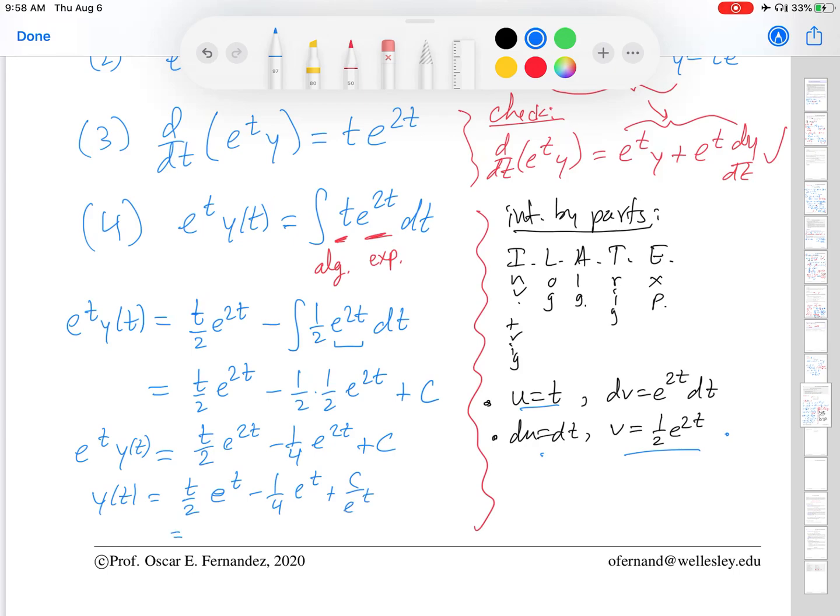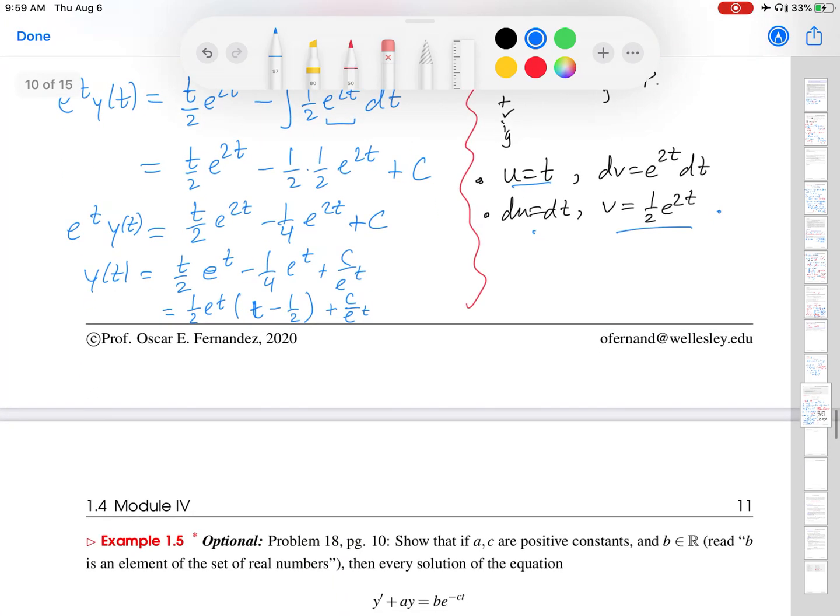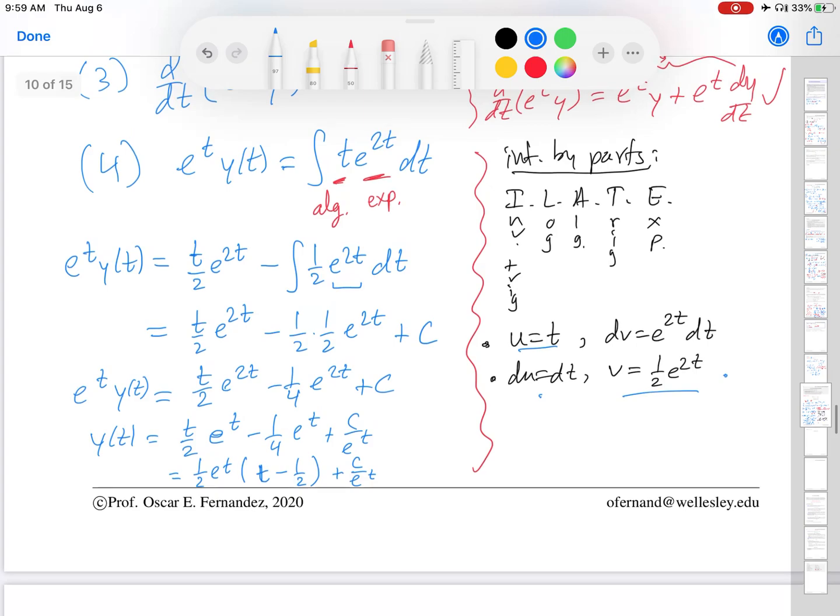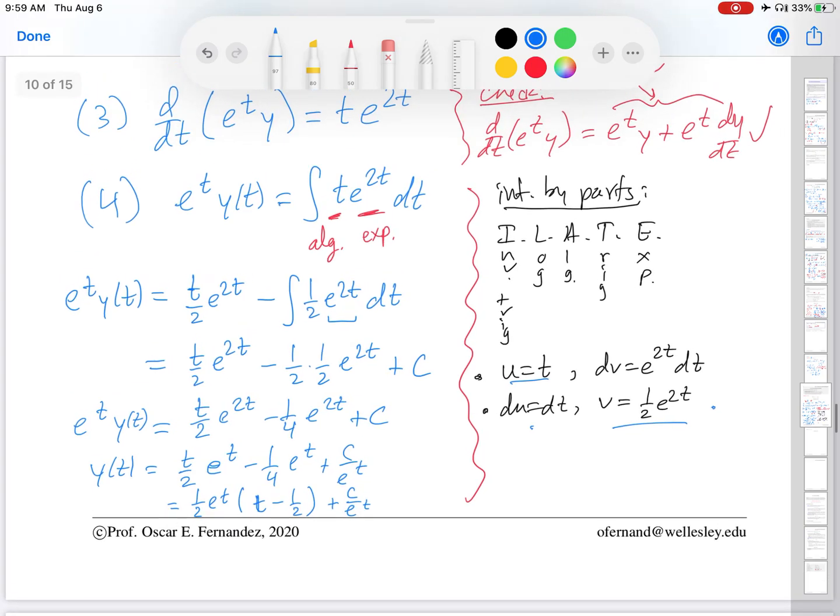Great. And then what am I going to do here? Well, these first two terms have an e to the t and they also have a 1/2. So I'm going to factor out a 1/2 e to the t. And what's left? t minus 1/2, plus c over e to the t. Great. So that is our final form here for the general solution.